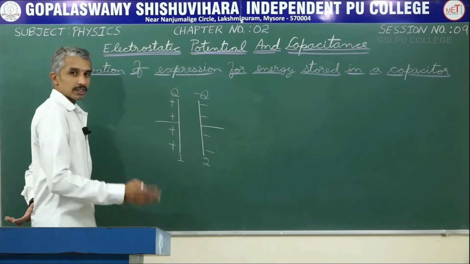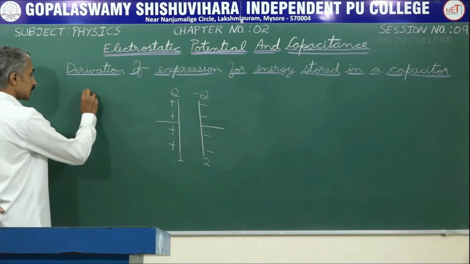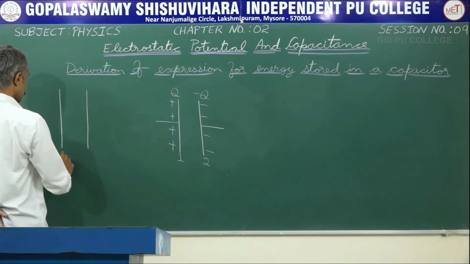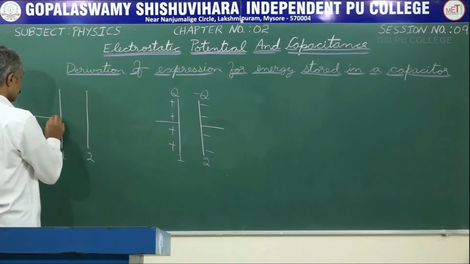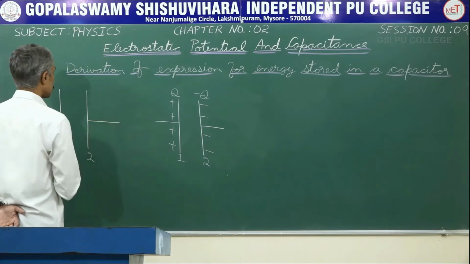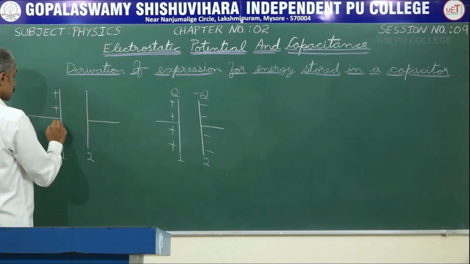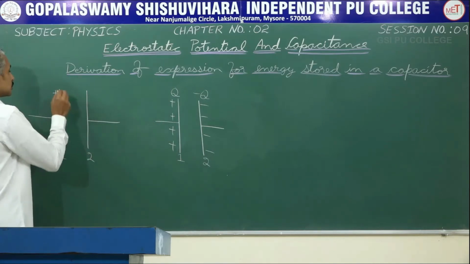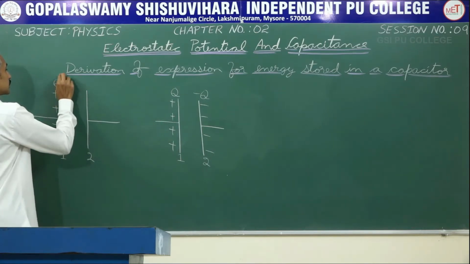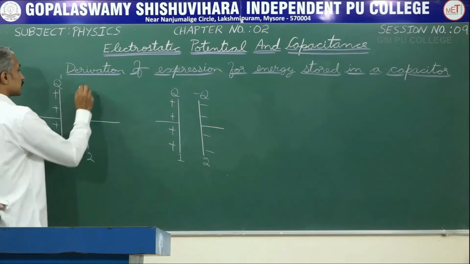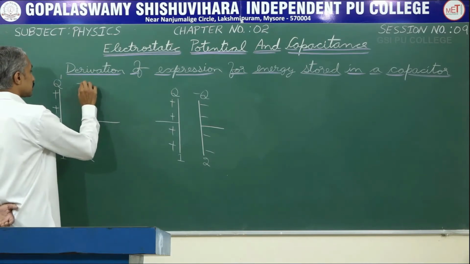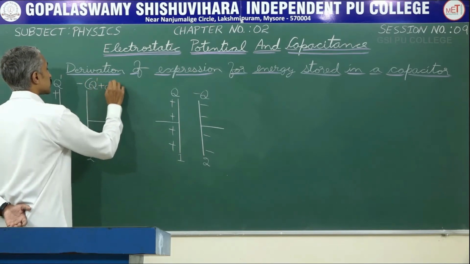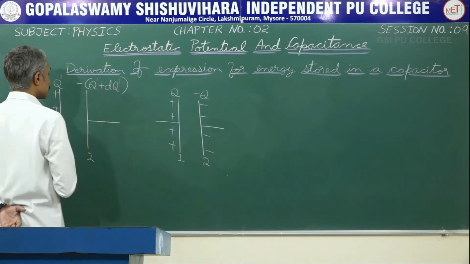So before this, let us consider an intermediate state where the same capacitor, before getting fully charged, somewhere in an intermediate state, has the charge on plate 1 as Q dash and on plate 2 as minus of Q dash plus dQ dash.